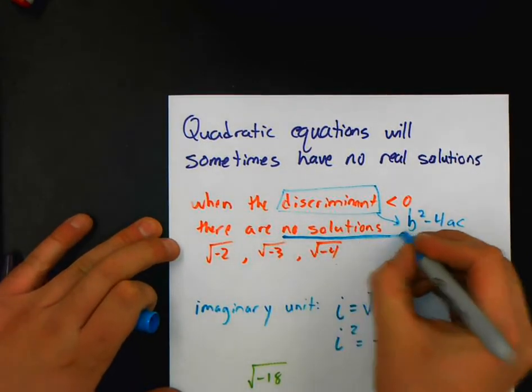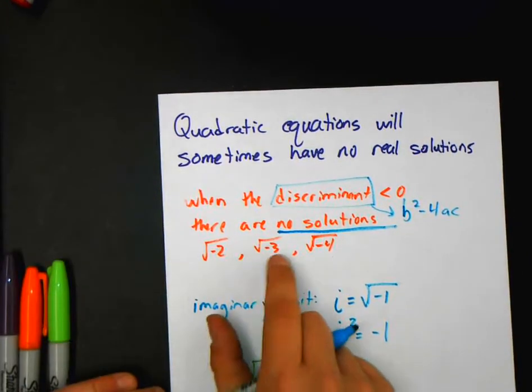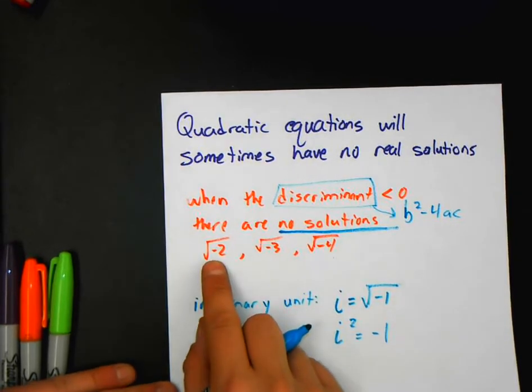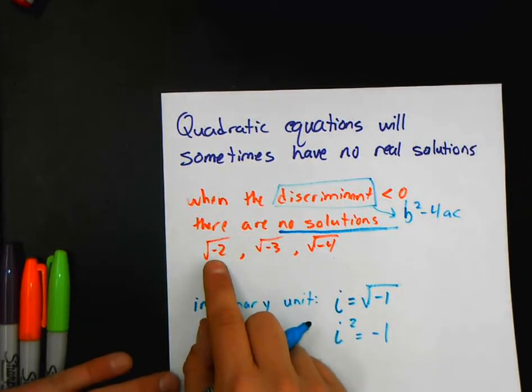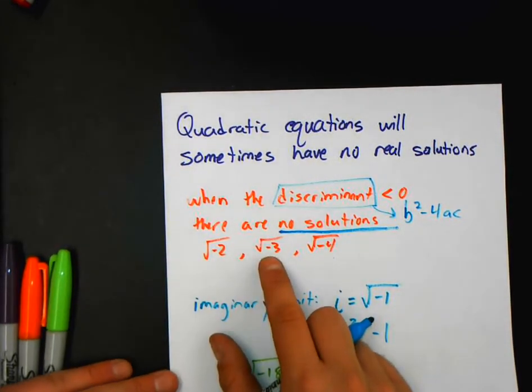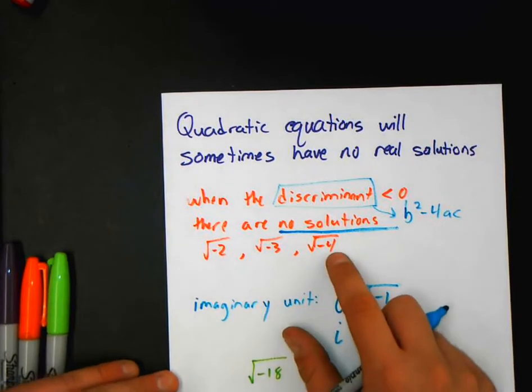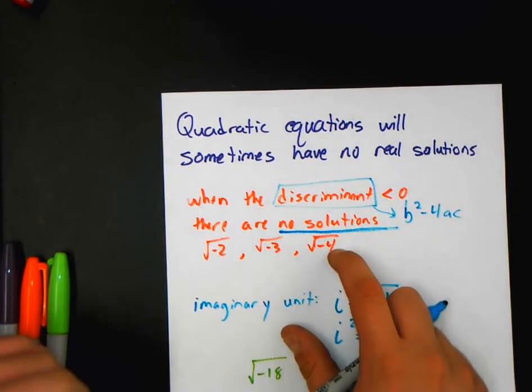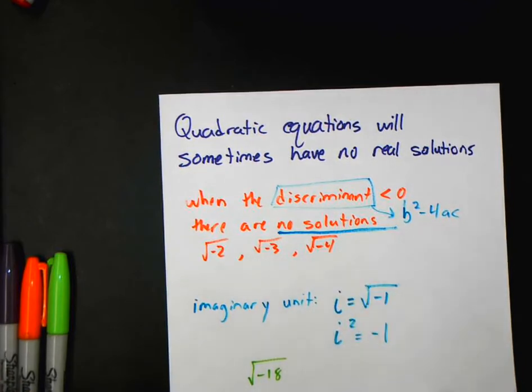An example of this would be taking the square root of a negative number. Square root of negative 2 does not give us a real solution, and the square root of negative 3 doesn't either. The square root of negative 4 also does not give a real solution. So the square root of any negative number is not a real number.